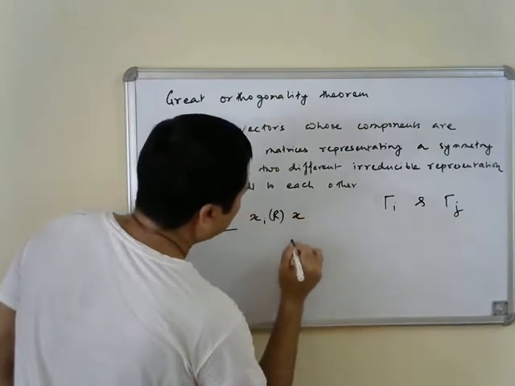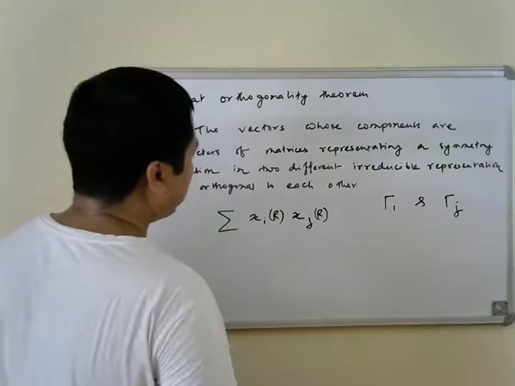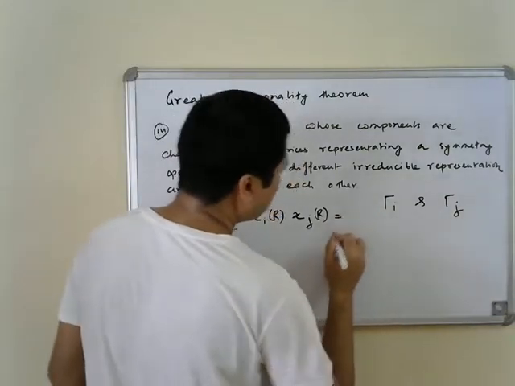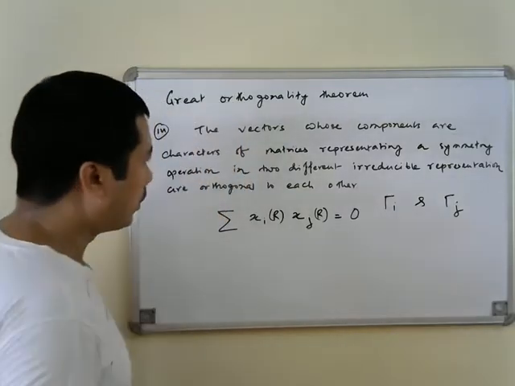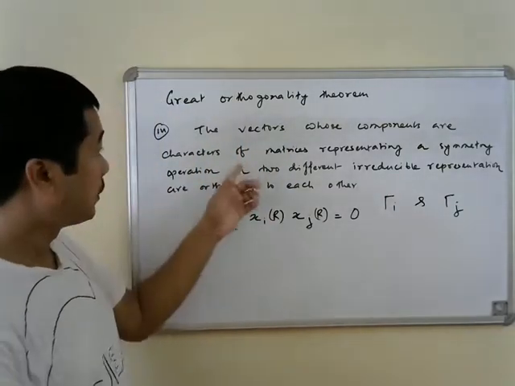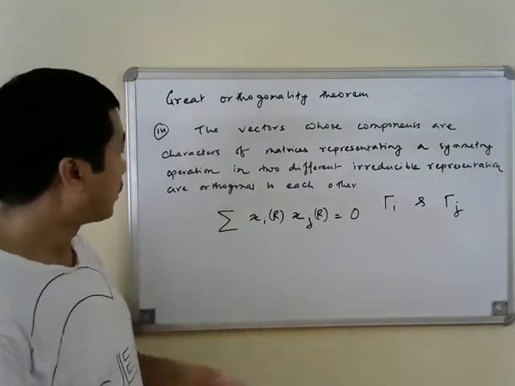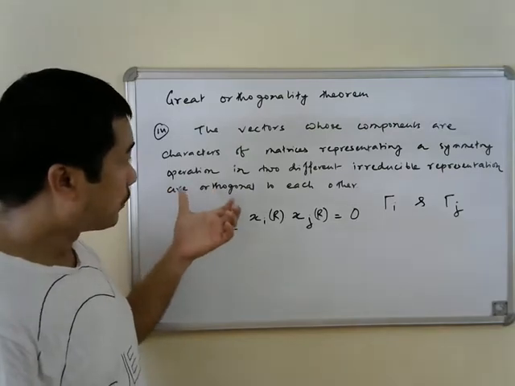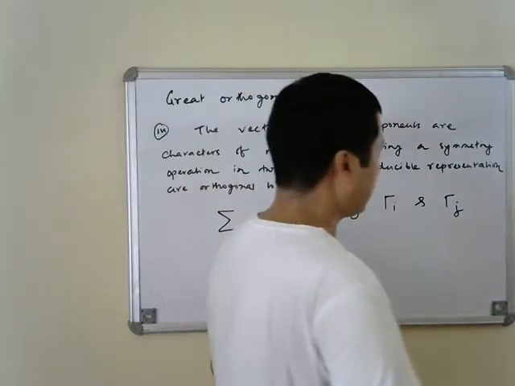So if we multiply this with chi_j(R), then sum over all symmetry operations, if we do this exercise, then we will get the answer equal to 0 because the vectors whose components are characters of matrices representing a particular symmetry operation in two different irreducible representations are essentially orthogonal to each other.